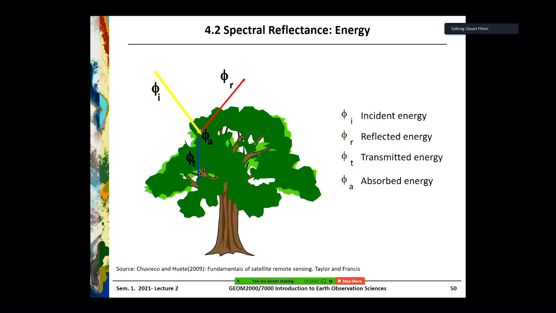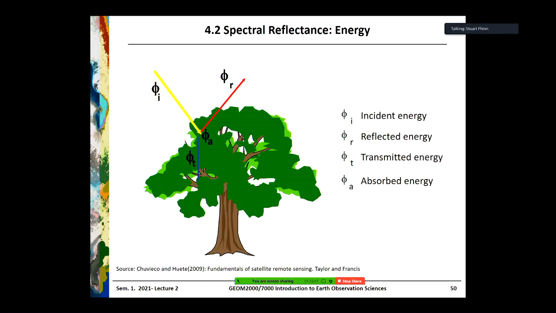So that part of the diagram is showing you that conservation of energy principle. You've got all that yellow light or the sunlight coming in, and it's partitioned into those three interactions. Some of it's going to be scattered or reflected, some of it's going to be transmitted, and some of it's going to be absorbed.